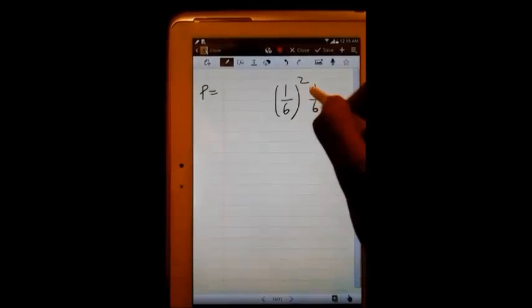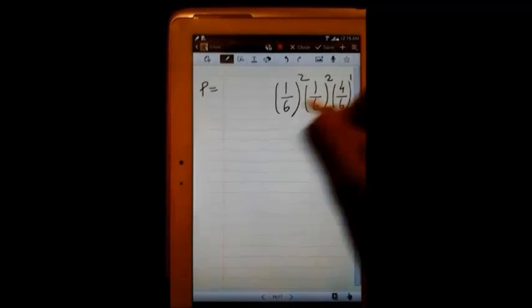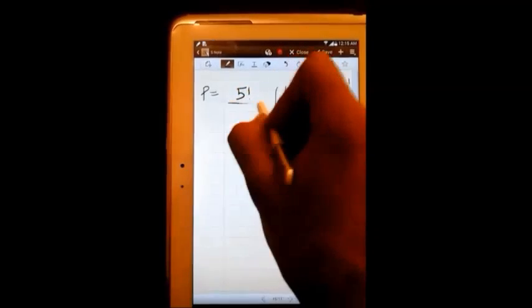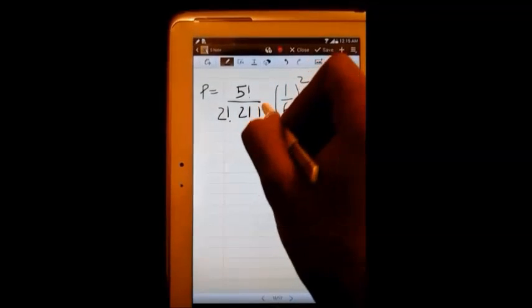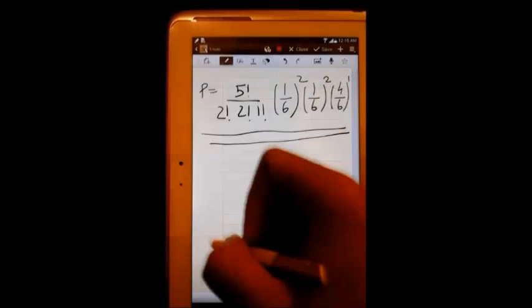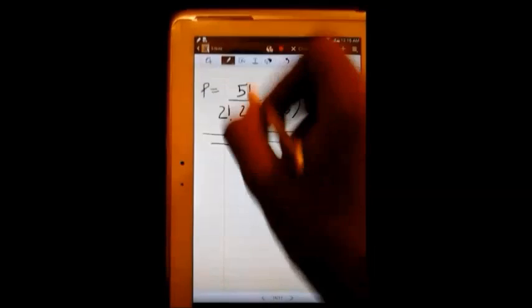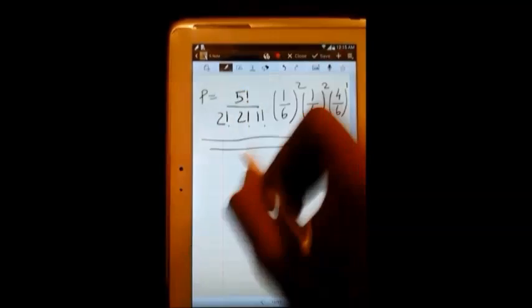Similarly, 6 occurs 2 times, and 4 by 6 occurs only 1 time. Total number of trials is 5, so it's 5 factorial, upon 2 factorial into 2 factorial into 1 factorial. This is the answer, the probability of occurrence of 5 and 6, 2 times each.